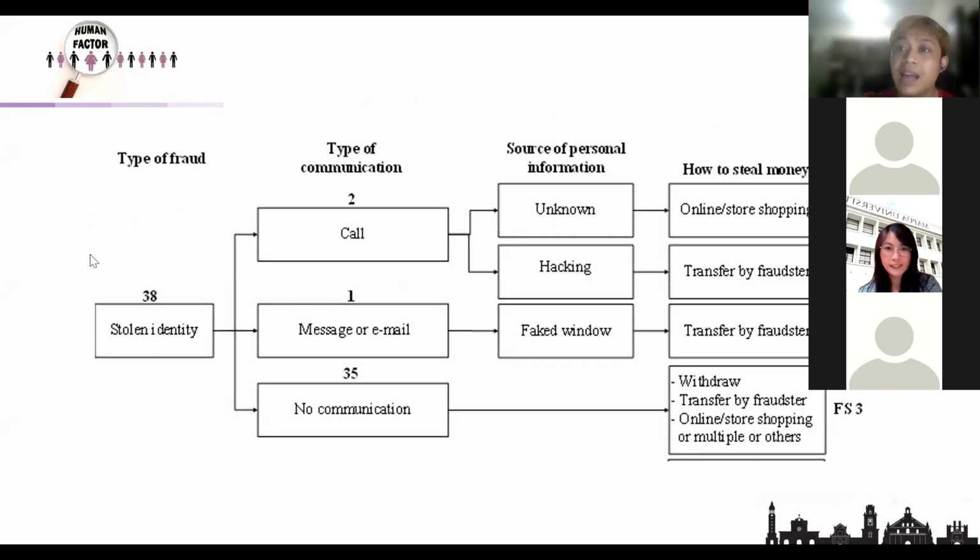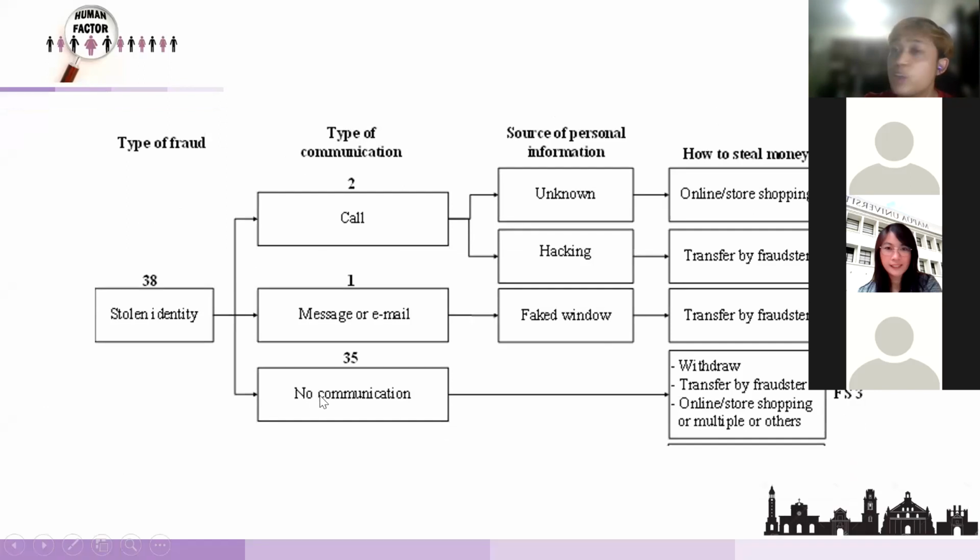And for stolen identity, I realized that not all have no communication. Some you can have a communication, either the call or the message. The one where I got a call is so funny. You know what? This is actually the US green card.